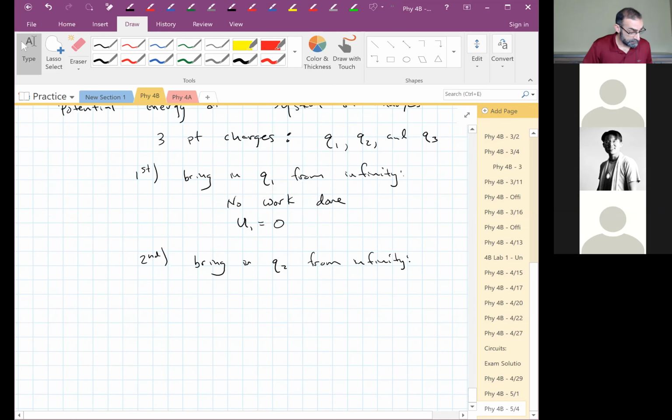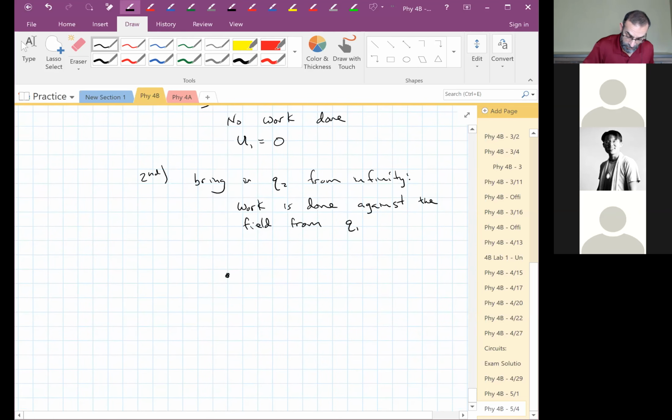What we do is we can find the work done against the field from Q1. So we say Q1 is here, Q2 is there.